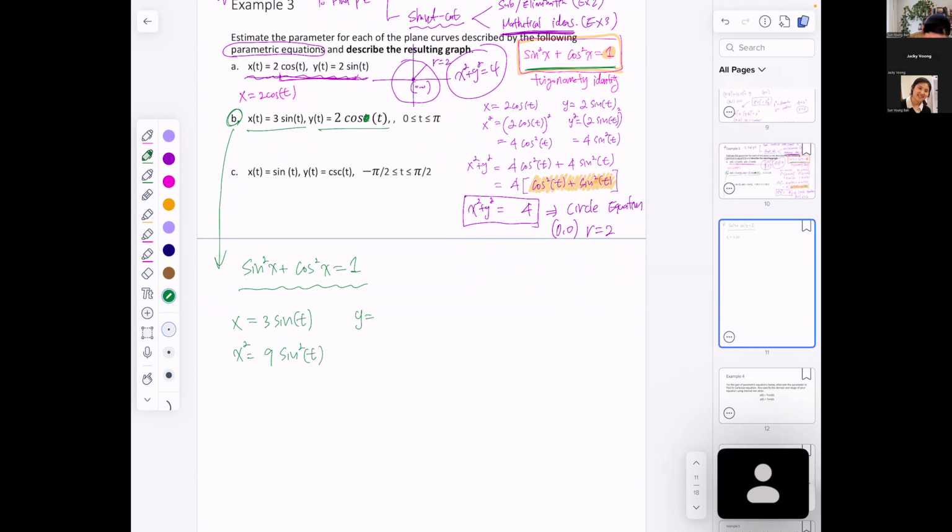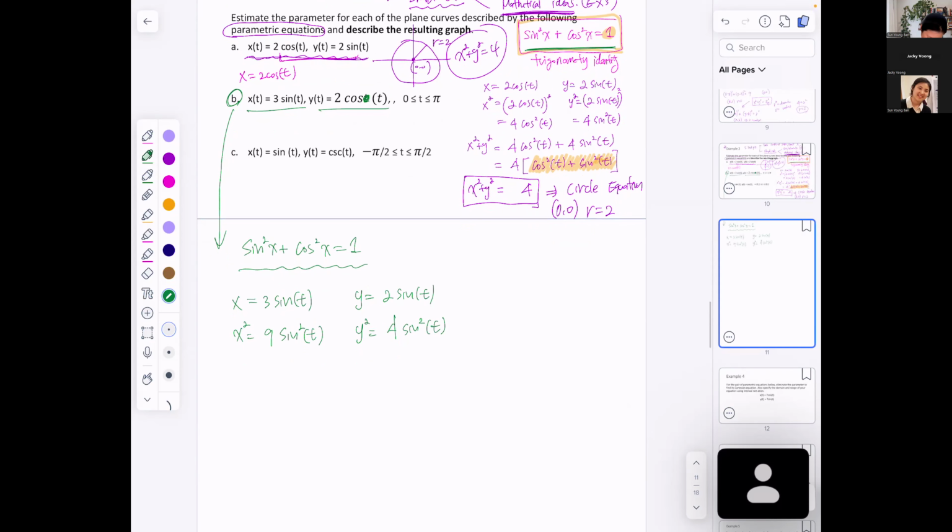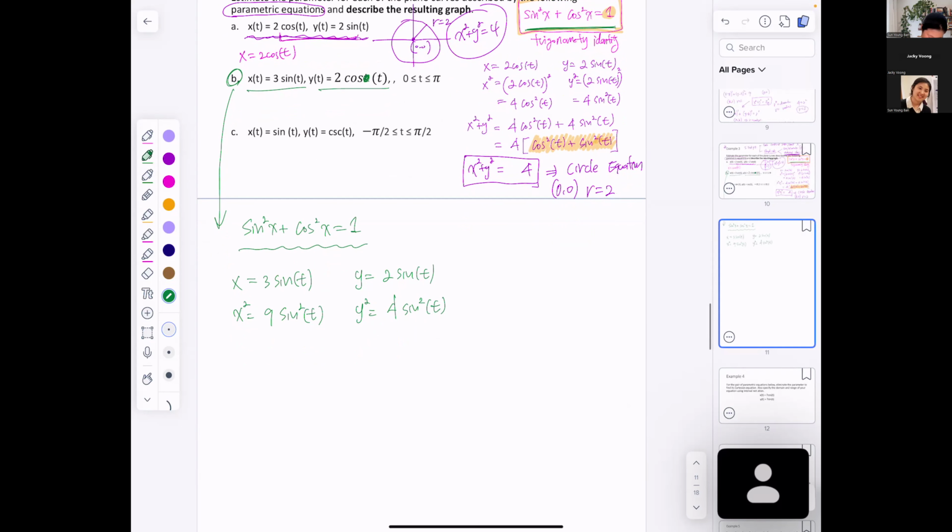Same thing, y equal to 2 cosine t, so y squared is 4 cosine squared t. If I'm just adding them up, it looks like x squared plus y squared, but no, something we have to do. We have to eliminate the 9 and the 4 so that we have solely sine squared and cosine squared.